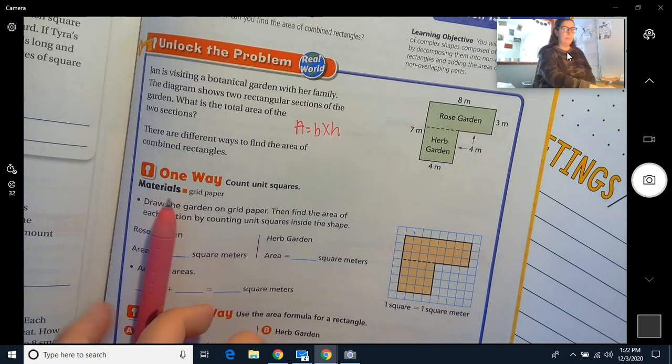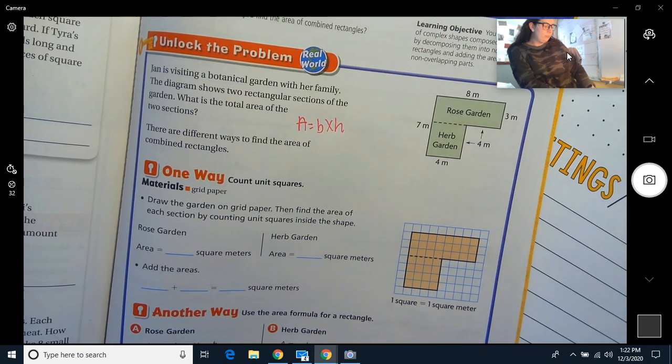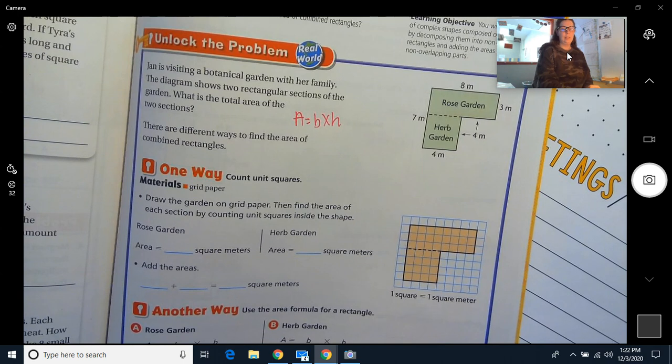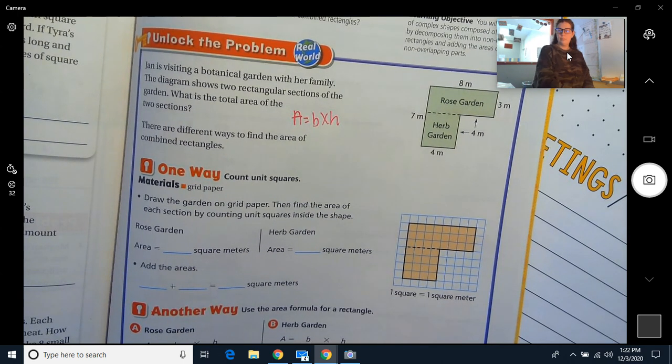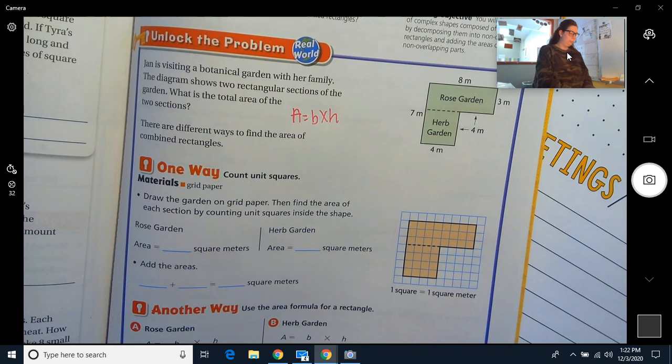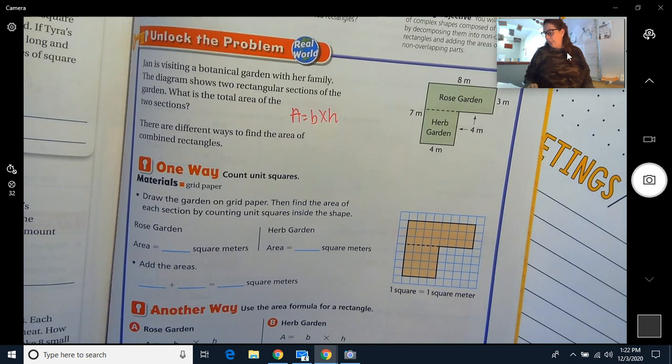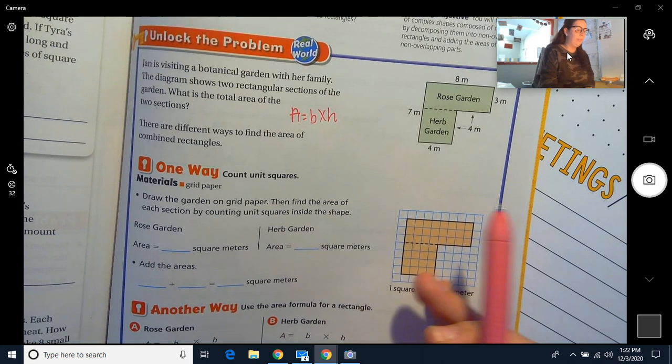Maria, go ahead. How many in this top section right here? How many did you say? 25. 25.